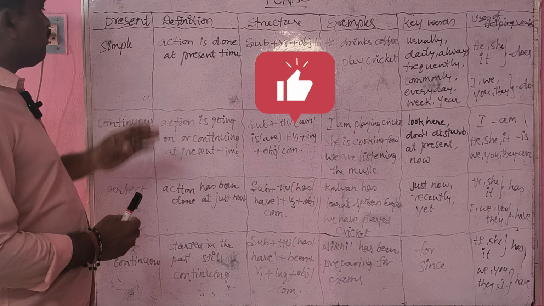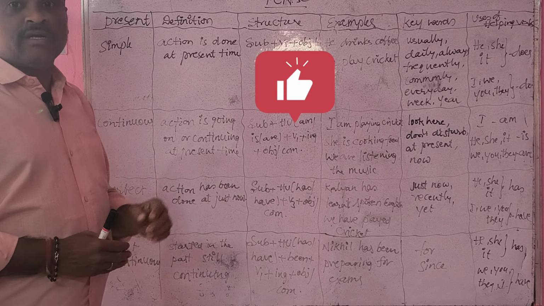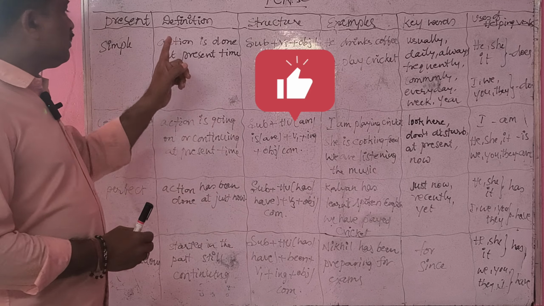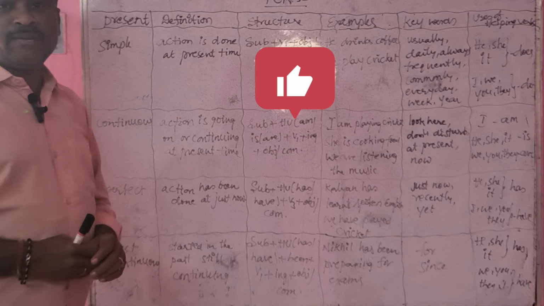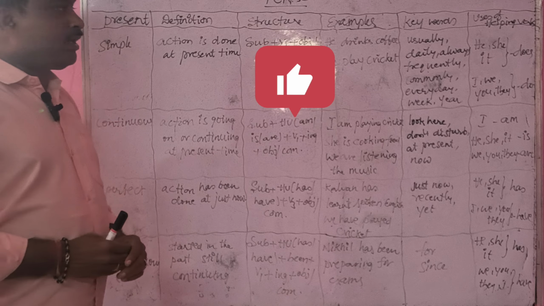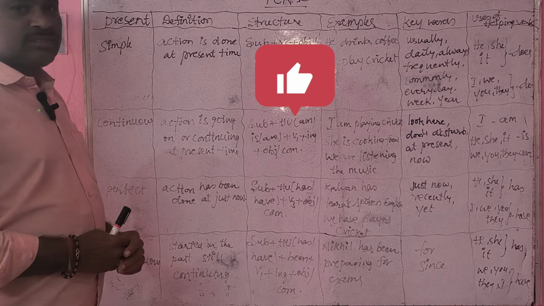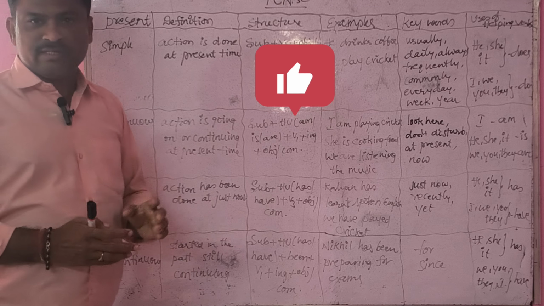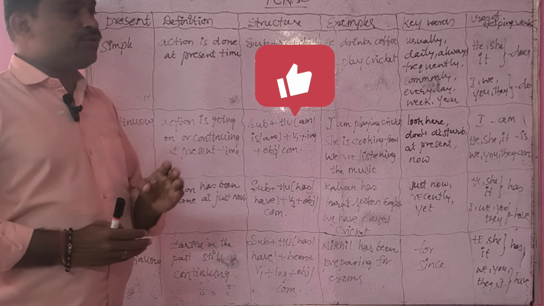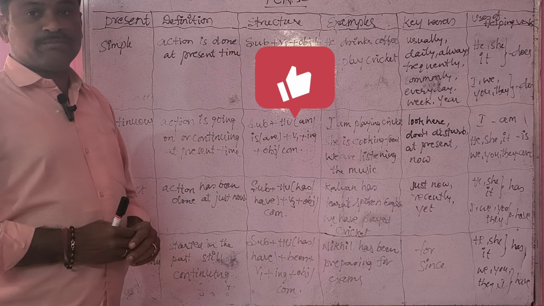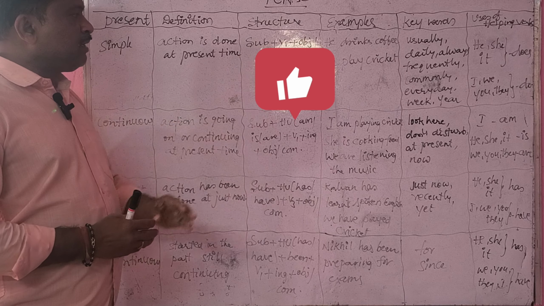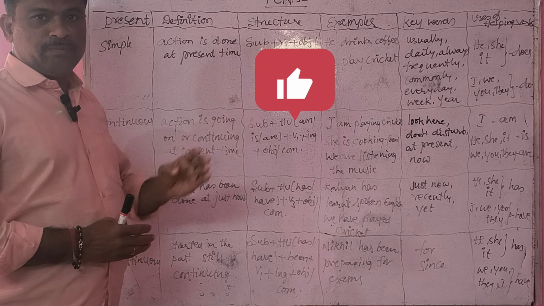The verb shows an action that is done in the present time. At the same time, for each and every tense we have a structure. The structure of the simple present tense is subject plus V1 plus object or complement.